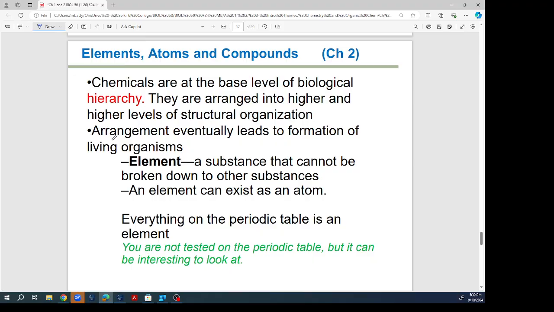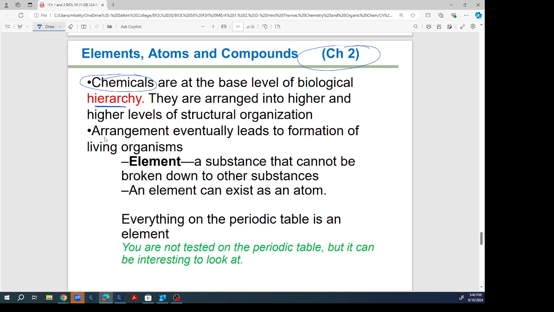So the last few minutes, I'm going to just talk about a little bit of chemistry. So this is moving into chapter 2. So it was a separate set of pre-reading questions, or you found them in chapter 2. Again, with this hierarchy, if we were to go down to the base level of organization, we are down at chemistry, or chemicals are at the base level of the hierarchy.